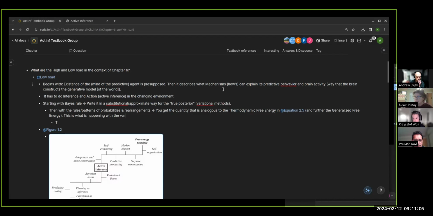Through simple mechanical substitutions like that, you can derive effectively an equation that looks like free energy. That's how you get all the way from Bayes' theorem to the free energy principle. So that's why it's bottom up. You construct it this way.